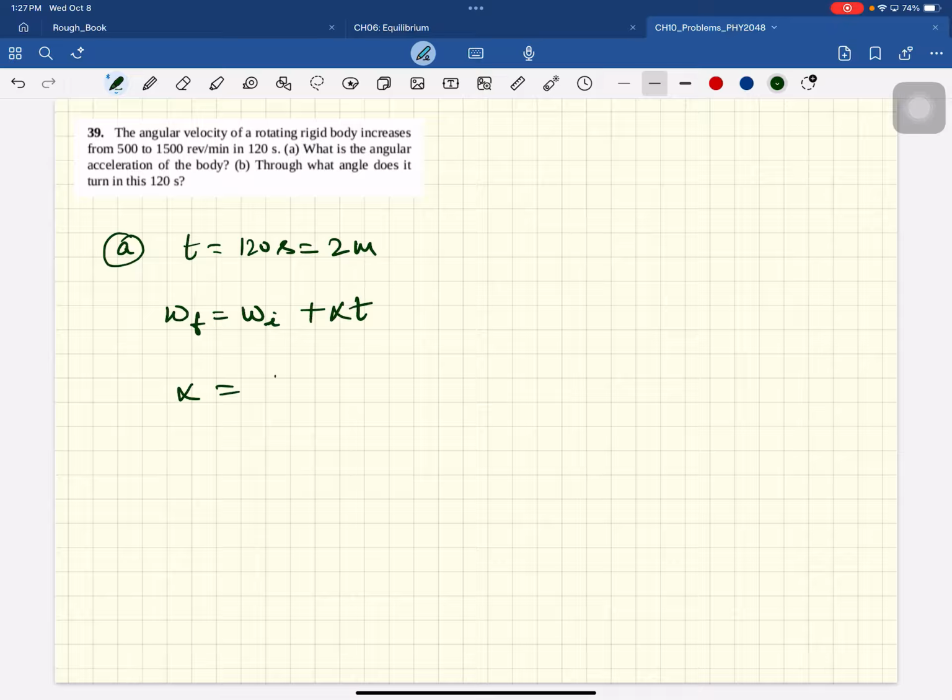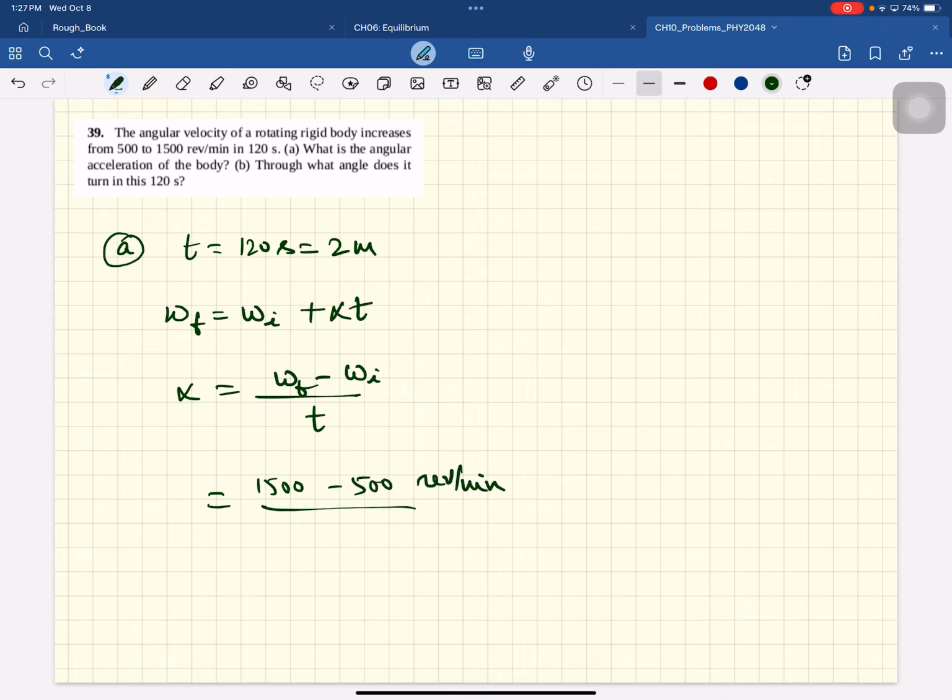Alpha is, okay, that's 1,000 divided by 2, 500 revolutions per minute squared.